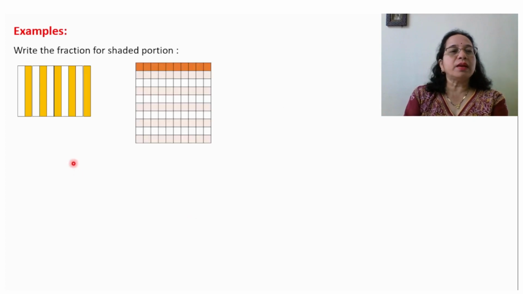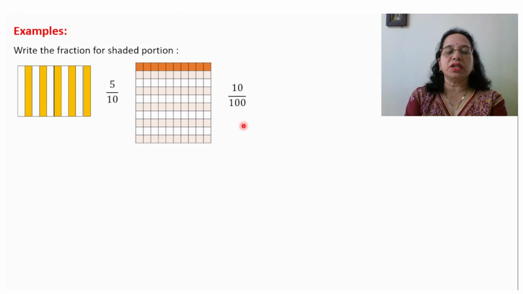Take a few more examples. Write the fraction for the shaded portion. Here the total number of parts is 10, and out of 10, 5 parts are shaded. So the fraction for the shaded part is 5 upon 10. Now take another example. Here the shaded part is 10 and the total number of squares is 100.